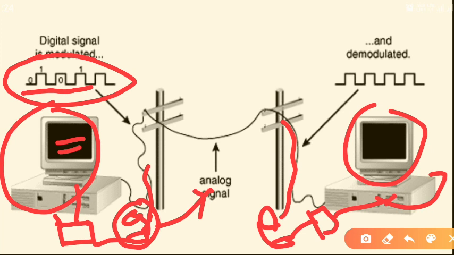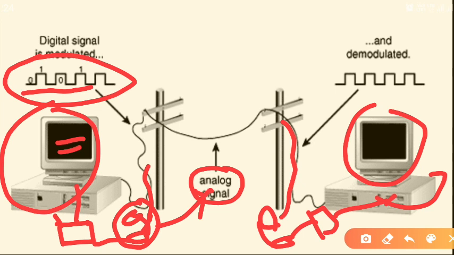These telephone wires can only carry which signal? Analog signal, which is not digital. So the telephone wires cannot understand digital signals. When you send a message from your computer to your friend's computer, the message follows a path.